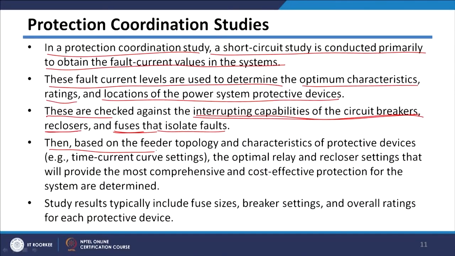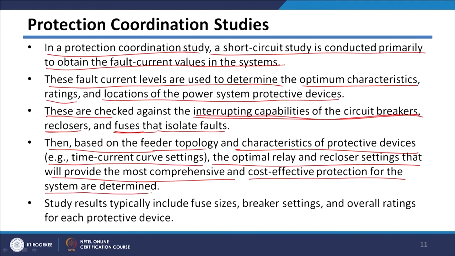Then, based on the feeder topology and characteristics of protective devices, for example time current curve settings, the optimal relay and recloser settings that will provide the most comprehensive and cost effective protection for the system are determined. If you see the overall distribution system, there will be many circuit breakers, reclosers and fuses in the system, and they need to be operated in coordination.